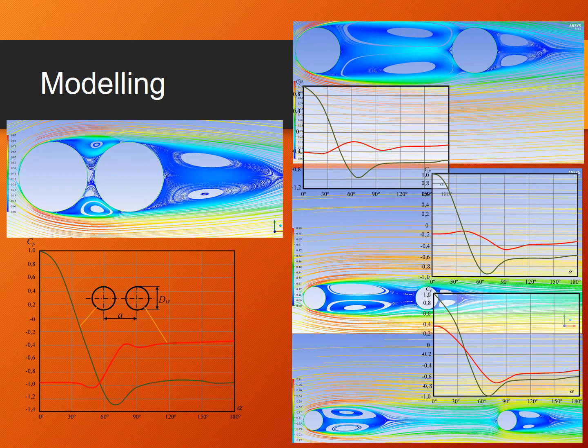For example, the current slide shows a curve of changes in aerodynamic coefficients for 2 silos, located one after another. The nature of the placement of silos and the distance between them greatly affect the distribution of pressure on their surface. The results differ from those indicators that are taken for single structures and declared in the design standards.